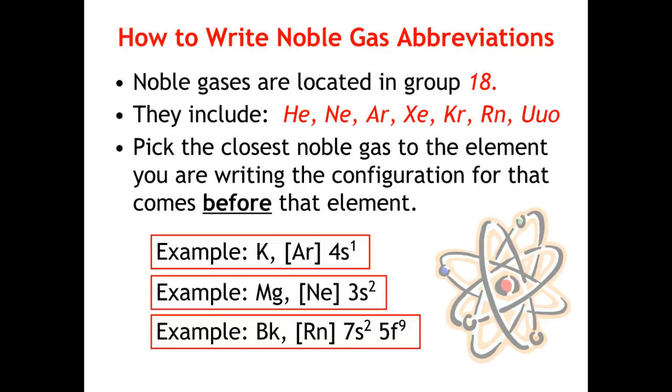So we would put Rn, brackets, 7s2, keep going, 5f: 1, 2, 3, 4, 5, 6, 7, 8, 9, 5f9, 9 electrons. That would be the shorthand or noble gas abbreviation for berkelium.